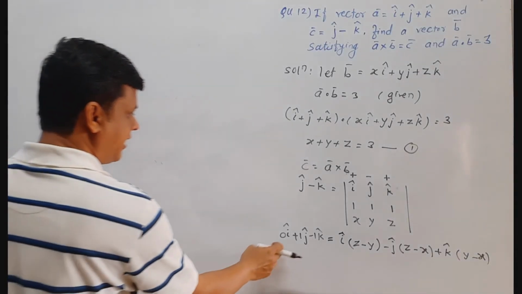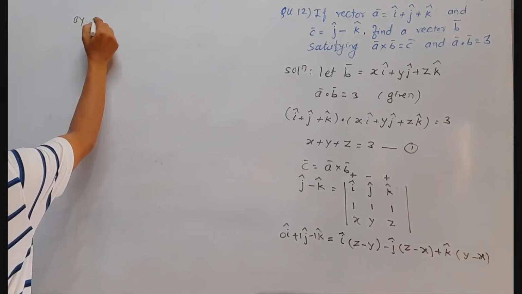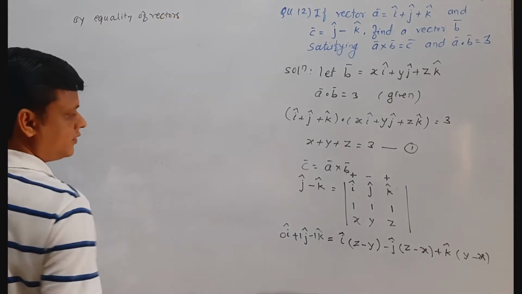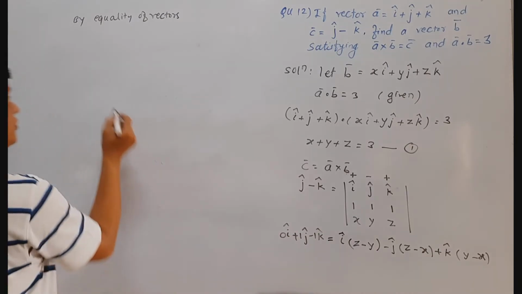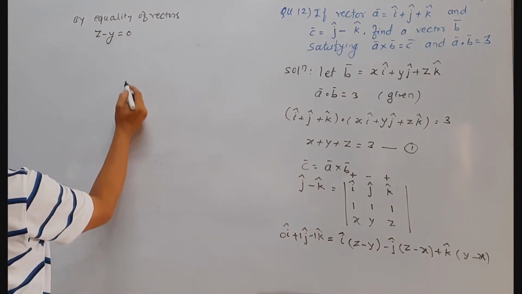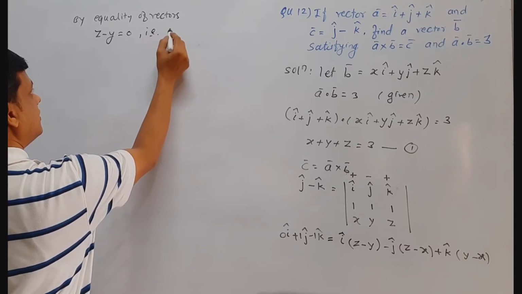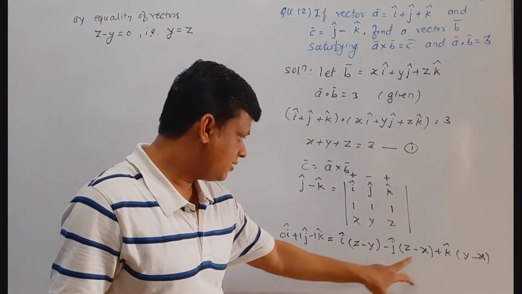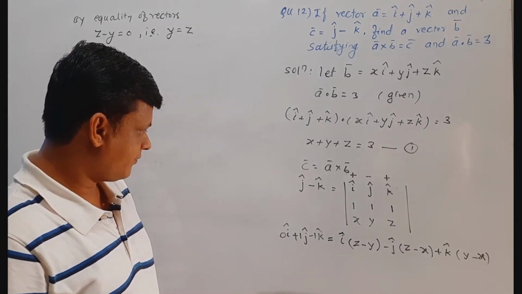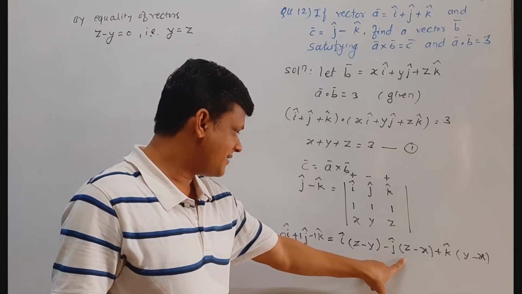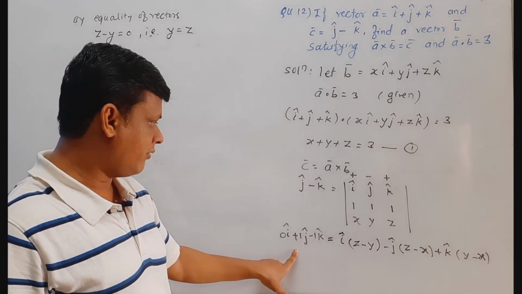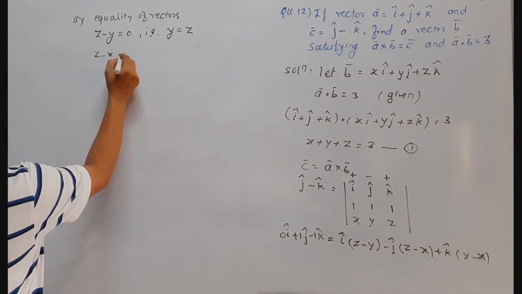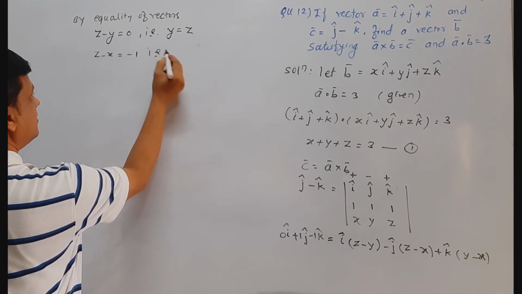By equality of vectors, we write z minus y equals 0, that is z equals y or y equals z. Then from the second, we have to multiply by the minus sign, here it is plus, so we equate this as z minus x equals minus 1.